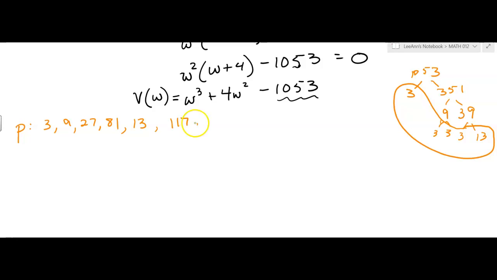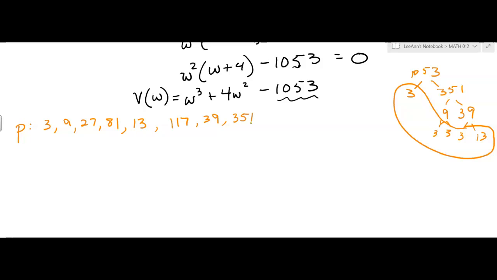Oh, I don't have the 39 written. And then I think we have them all, but we'll check divided by 81. 1053 divided by 81, 13. Okay, so this kind of matches up. Oh, I left off the 351. Okay, so those are all the factors of 1053.